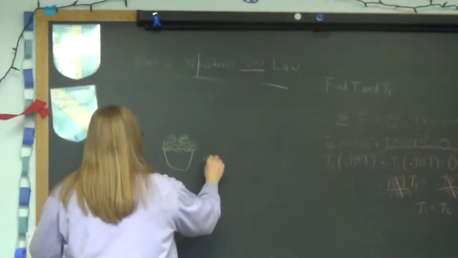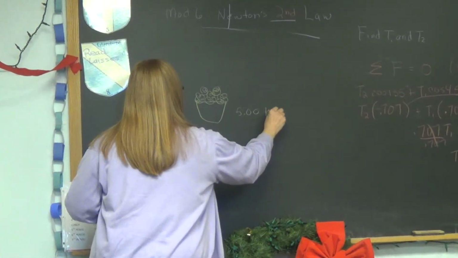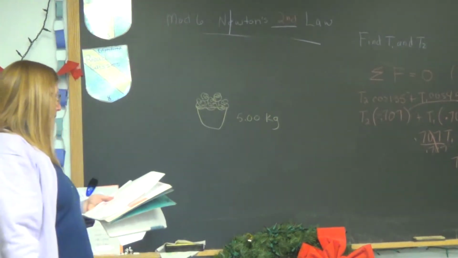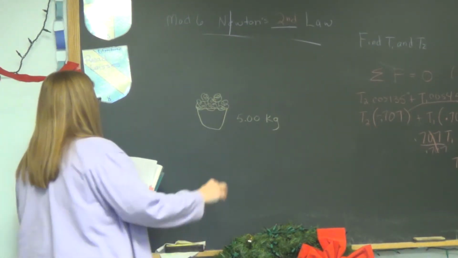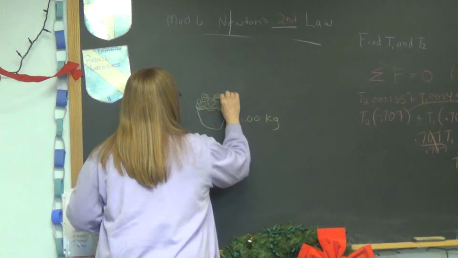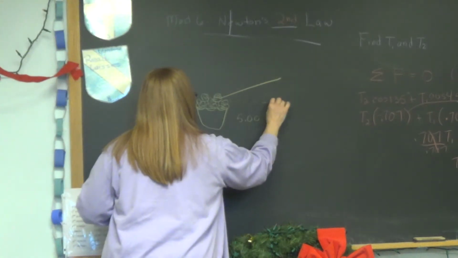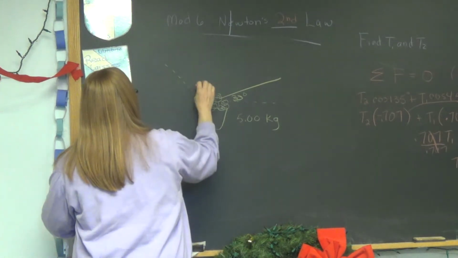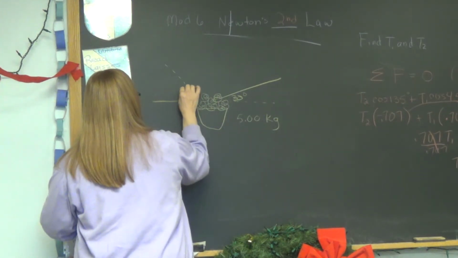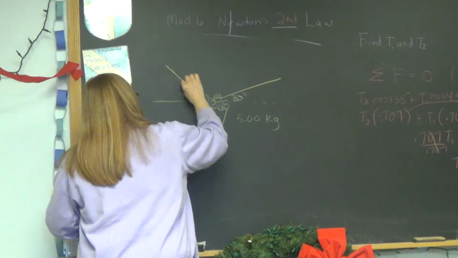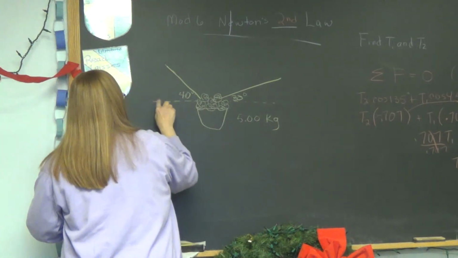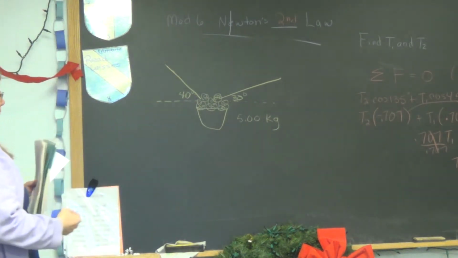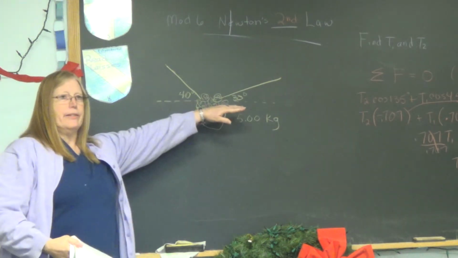This is a 5 kilogram flower pot, so you may mark it as such. And we're going to put in one tension wire that is 30 degrees, and the other tension wire on this side is 40 degrees. So these dotted lines do not exist.